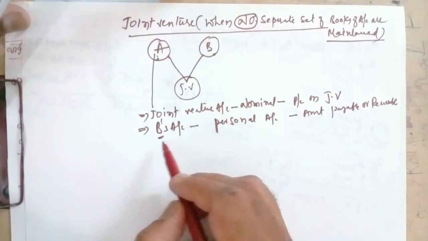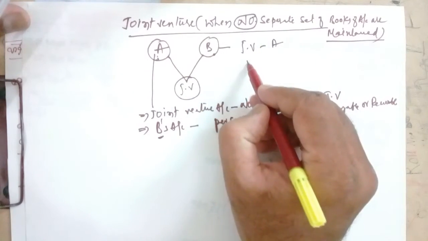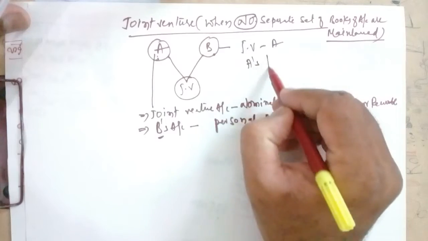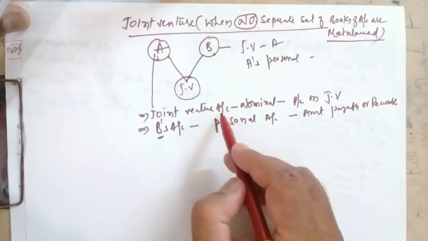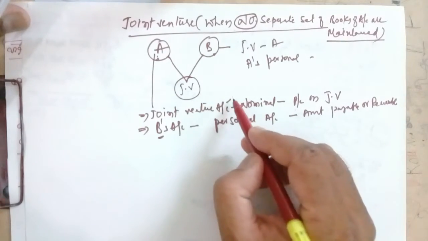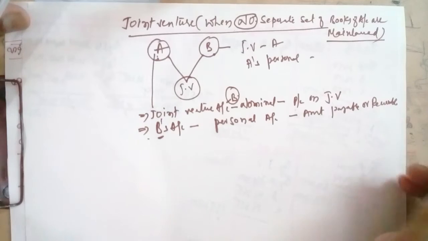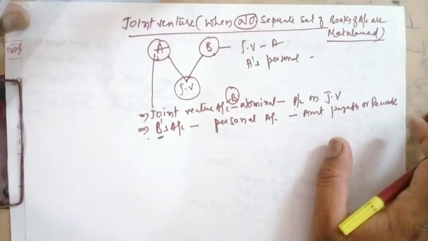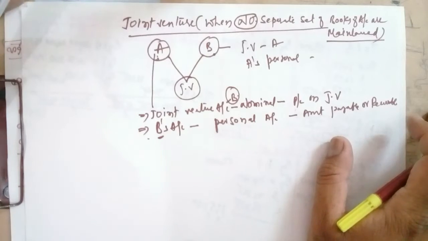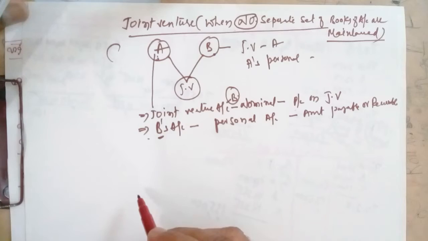Clear? So B will maintain the joint venture with A and A's personal account, whereas A maintains the joint venture with B and B's personal account. Like this, these people will maintain the books of accounts. Now presume there is a C, one more co-venturer.